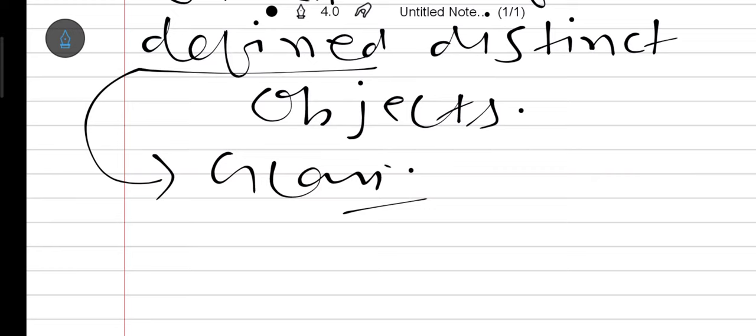This is what well defined means here. If some object is given, then we can find out whether this thing belongs to that set or not.